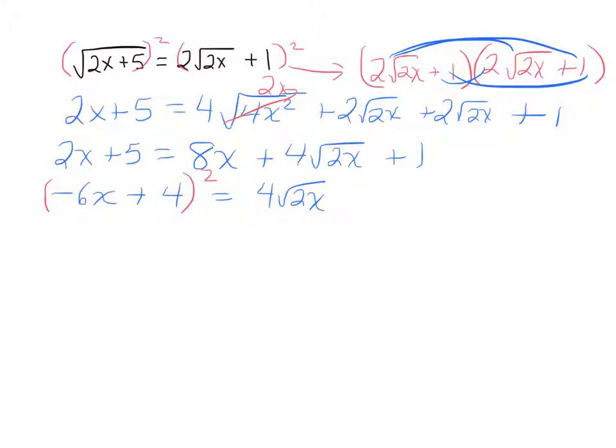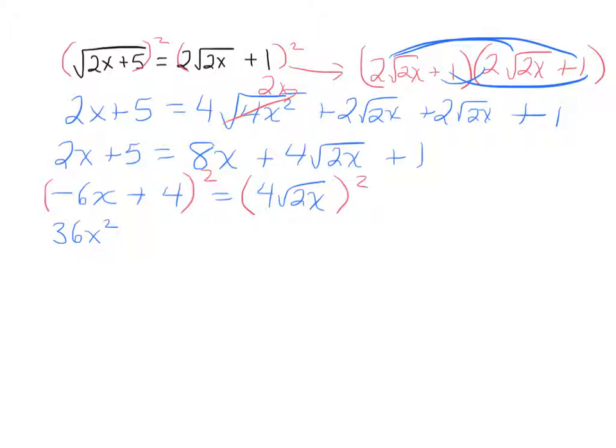Oops, I need to square that and square that. When I square negative 6x plus 4, it's negative 6x plus 4 times negative 6x plus 4. So that will be 36x squared. Right?